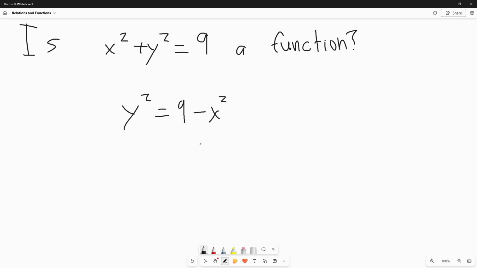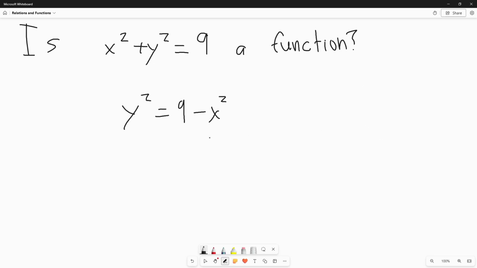I can notice that if the right side is positive, then y has two different possible values. So this right side cannot be positive at all if it needs to be a function. For example, if the right side hypothetically equaled 16, then y could equal positive or negative 4, because 4 squared is 16 and negative 4 squared is also 16.